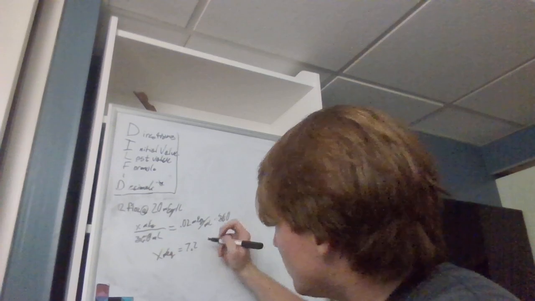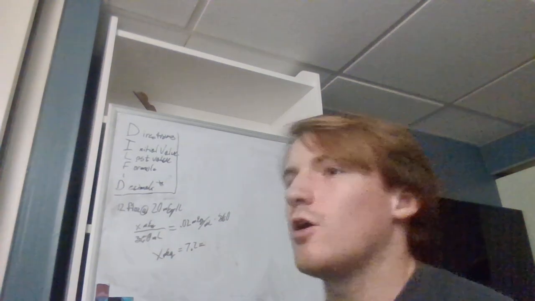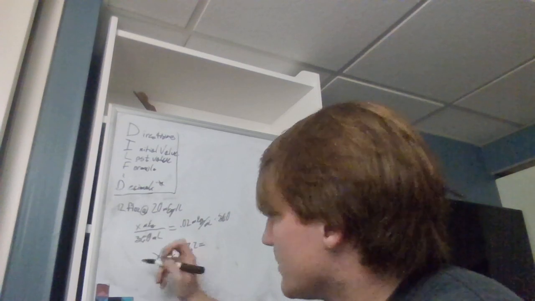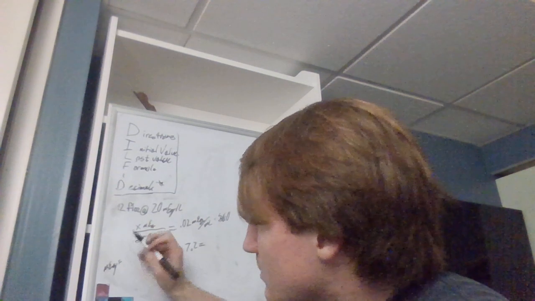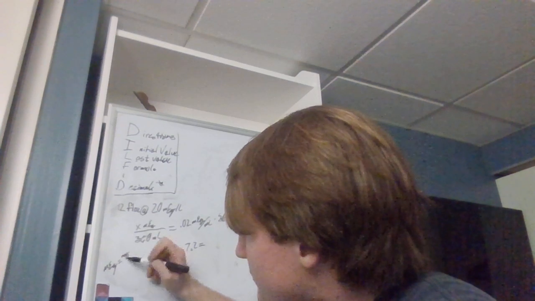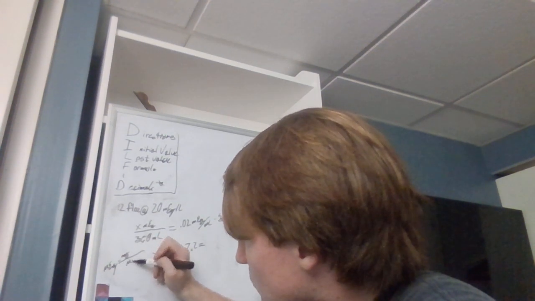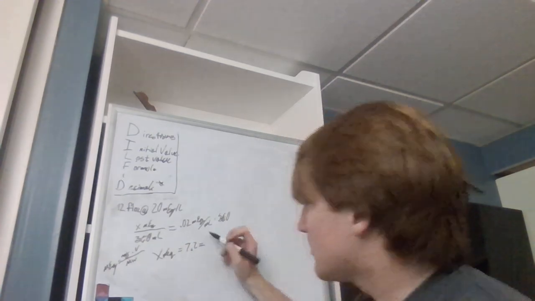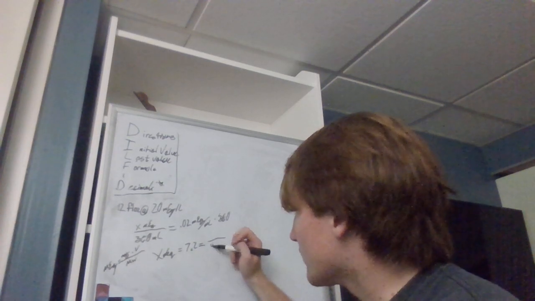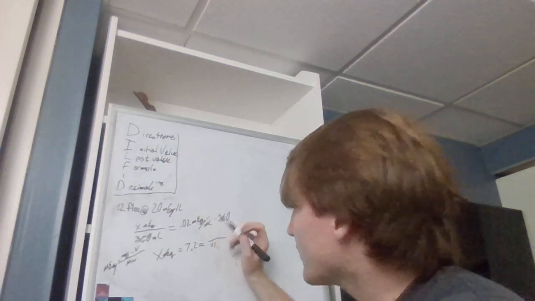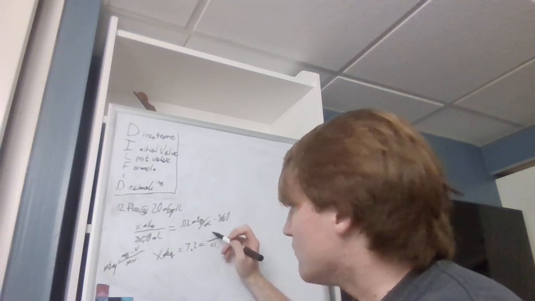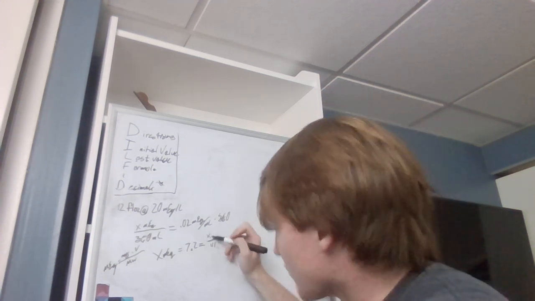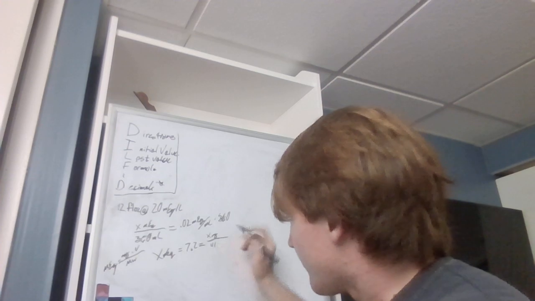So 7.2 MEQ is equal to, and if you recall, our MEQ equation is milligrams over molecular weight times valence, with molecular weight 111. That was one of our initial values. We're trying to find our milligram amount.